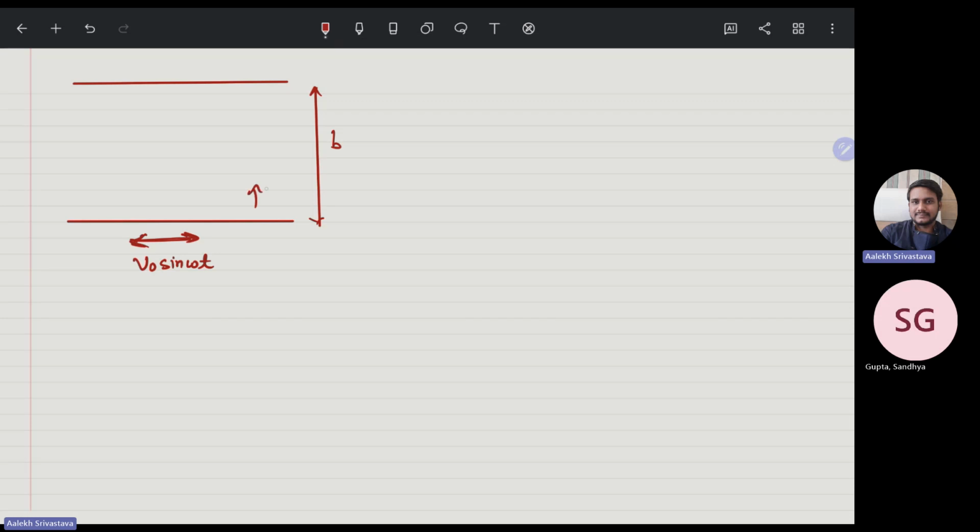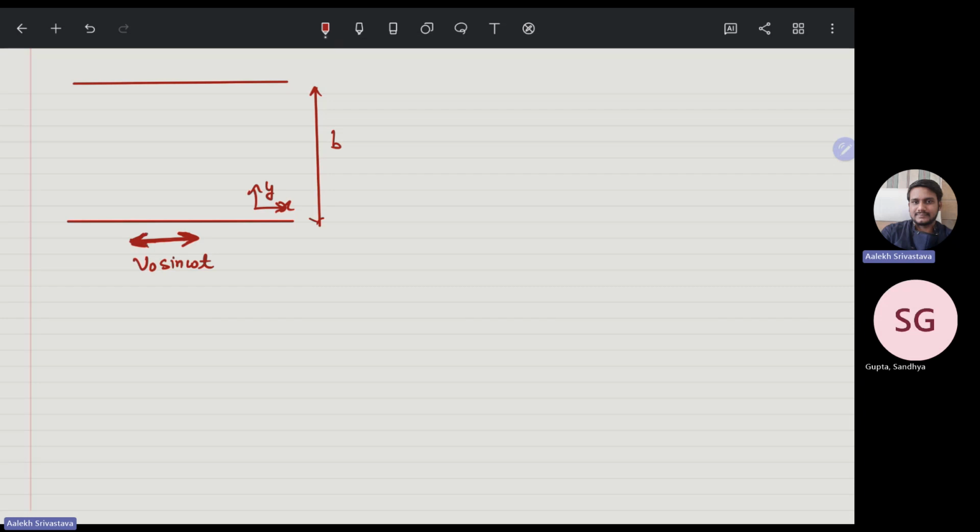This is your y direction and this is your x direction. It asks till what time the inertial force is important and till what time the viscous forces are important.